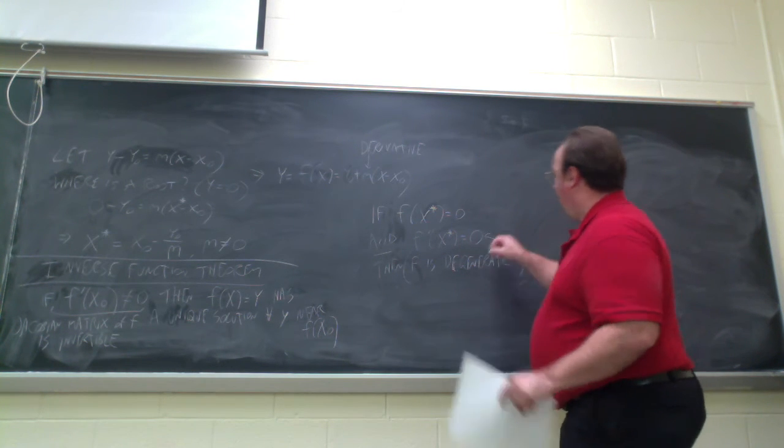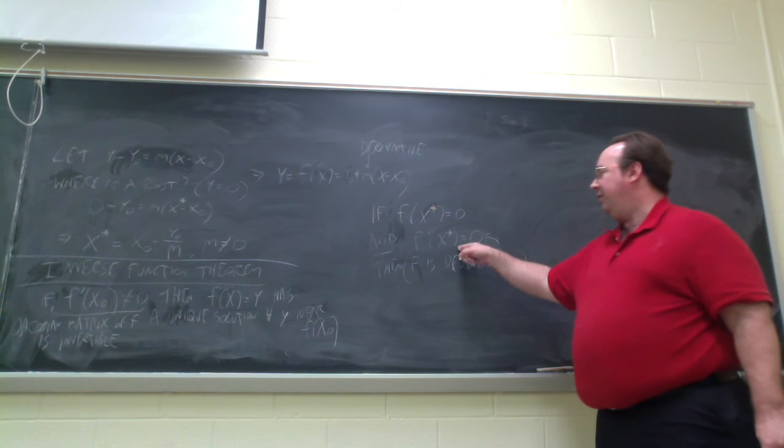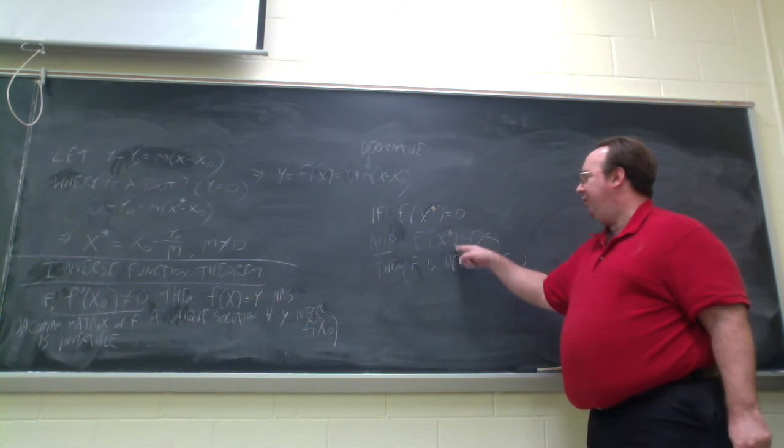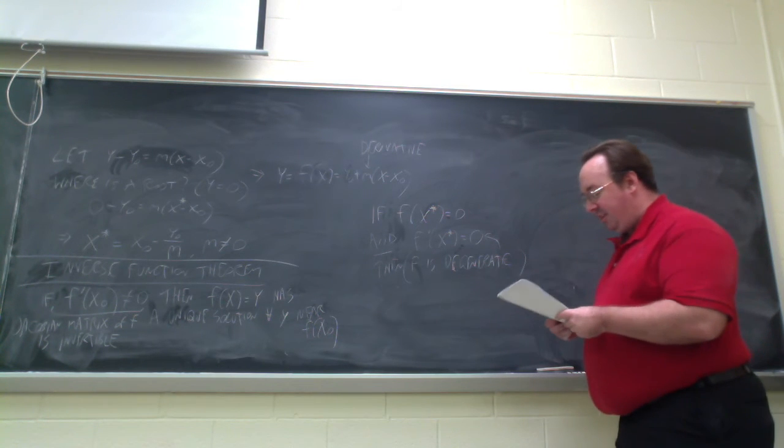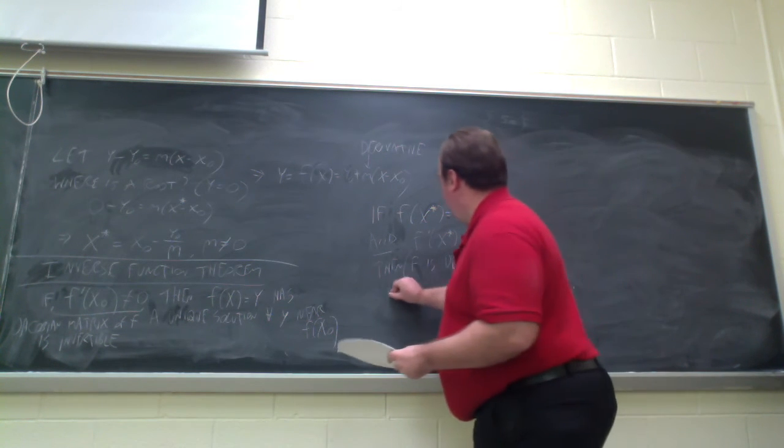Actually, degeneracy only comes from a derivative. So it has nothing to do with the root itself, but if the derivative is 0 at a point, we call f a degenerate function. We also say that x star is a critical number of f, but to the root function we call it degenerate.